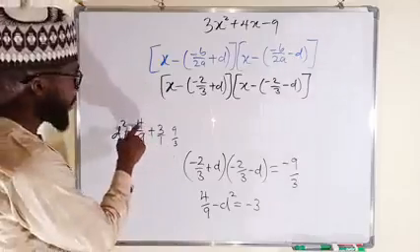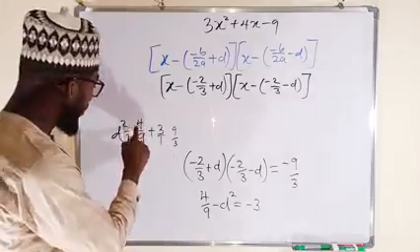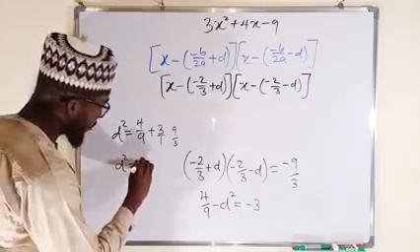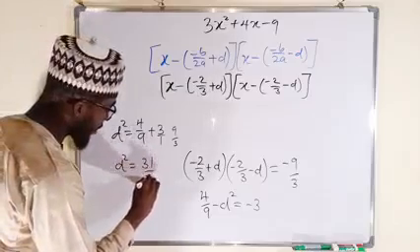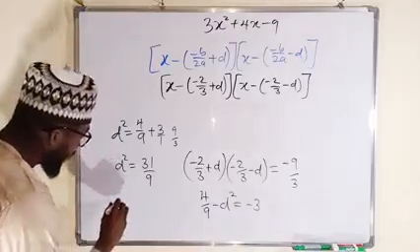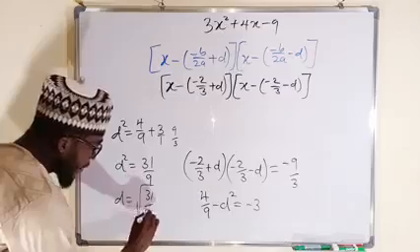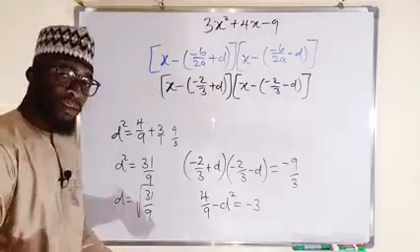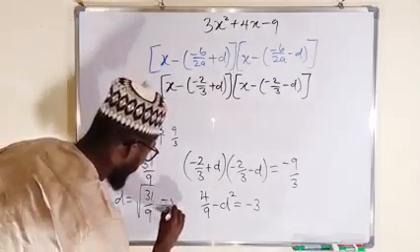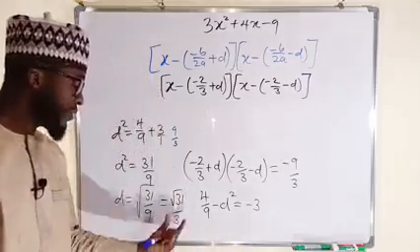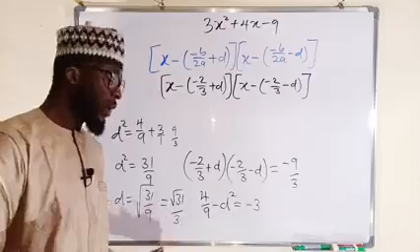And 27 plus 4 is 31, right? So this is d squared equal to 31 divided by 9. Take the square root of both sides. D will be equal to the square root of 31 divided by 9. Square root of 31 is still square root of 31. Square root of 9 is 3. So d is square root of 31 divided by 3.